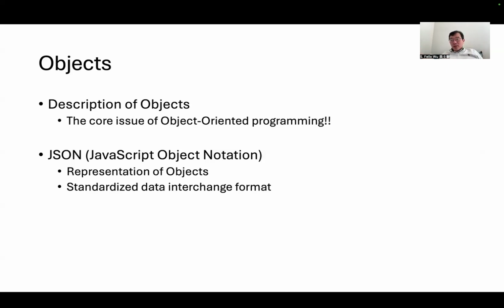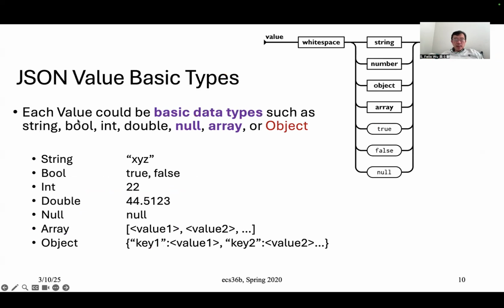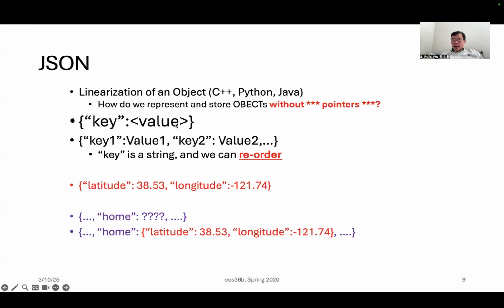But first I have to tell you what JSON is. The good news is JSON is very simple to know, and the rules are very simple. The key thing about JSON is what we call the key value pair. If you look at JSON, you have a list of key value pairs. What's the key and what's the value?